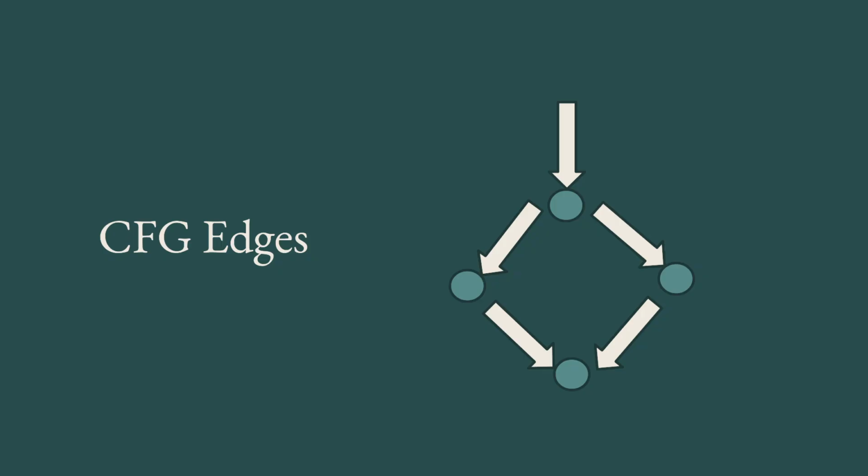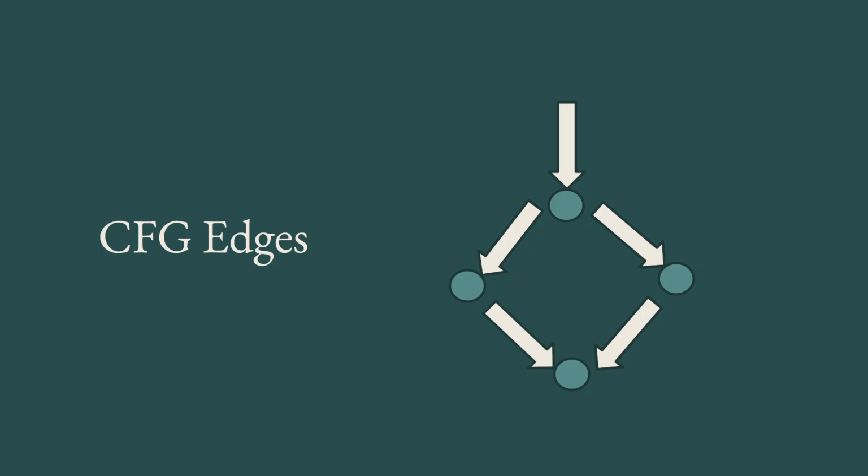Next, earlier I said that in the quick brown fox jumped over the lazy dog, it executed another CFG edge. Now I'm going to explain what that is. So CFG stands for control flow graph.